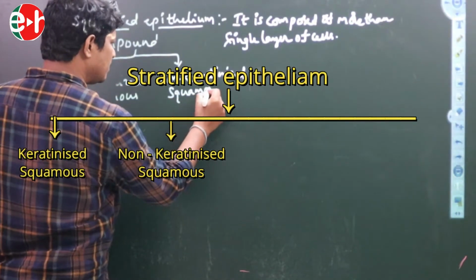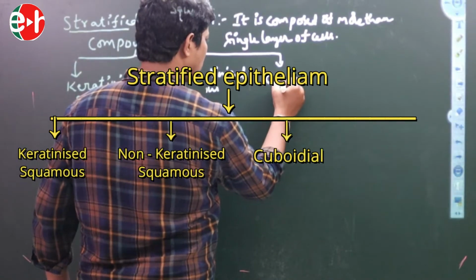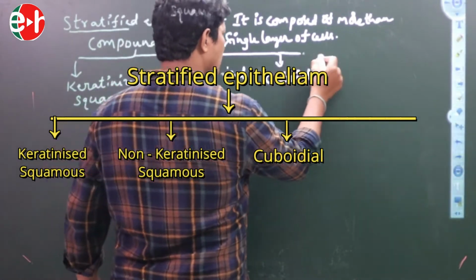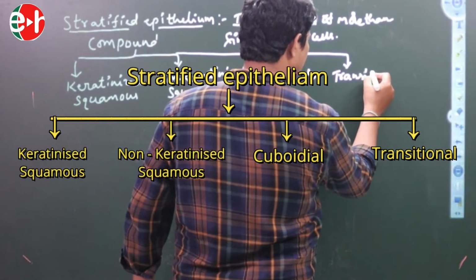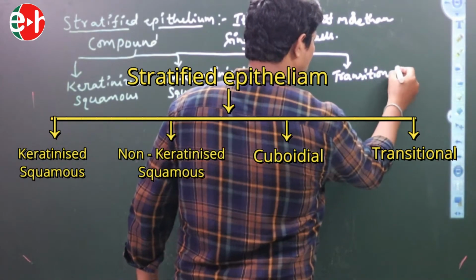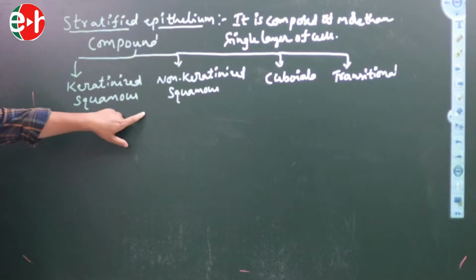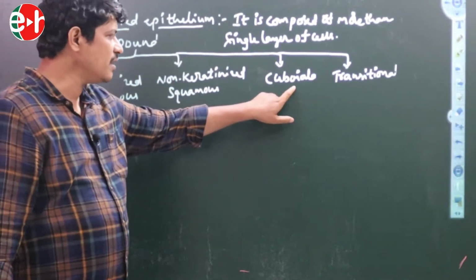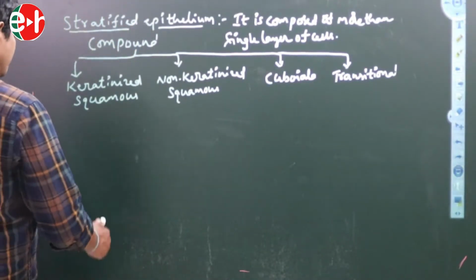The third is cuboidal epithelium, and the next is transitional epithelium. So the compound epithelium consists of squamous epithelium, of two types, keratinized and non-keratinized, then cuboidal epithelium, and transitional epithelium.